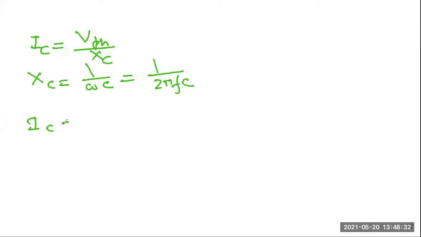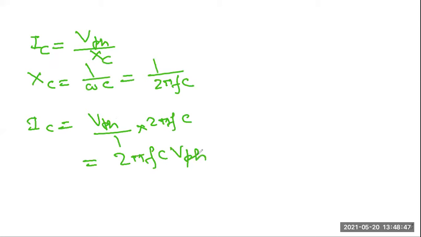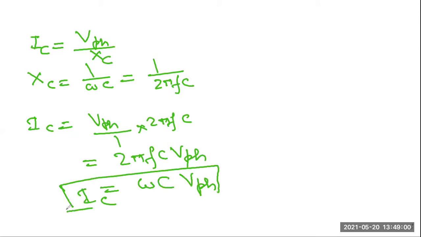So IC will be equal to V phase by 1 by 2 pi FC. So this will be 2 pi FC into V phase, or sometimes it is written as omega into C into V phase, since 2 pi F is omega. Is it clear? Any doubt anywhere? No, sir. Clear, sir.